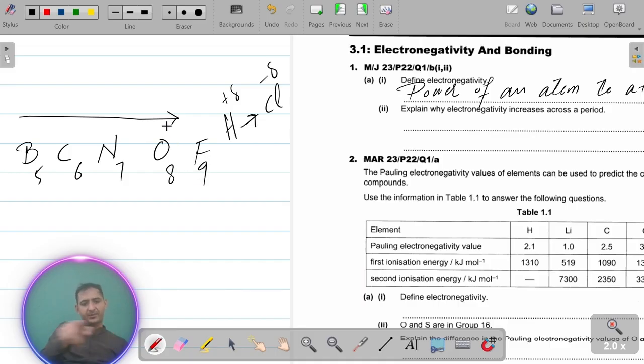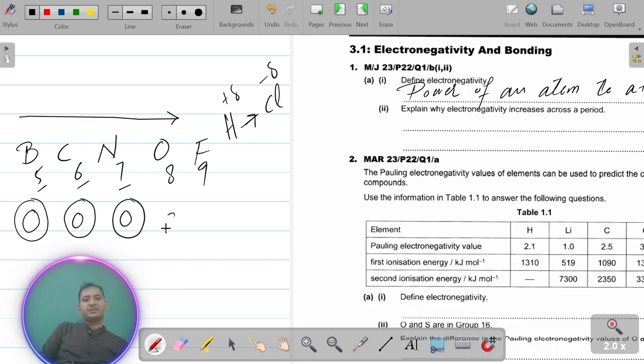So you can notice the atomic number, the proton number, is increasing gradually. Boron has 2 shells, carbon, nitrogen and oxygen also have 2 shells.